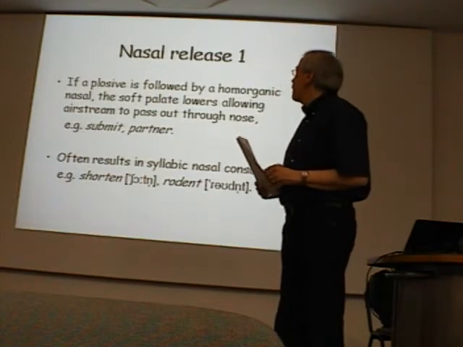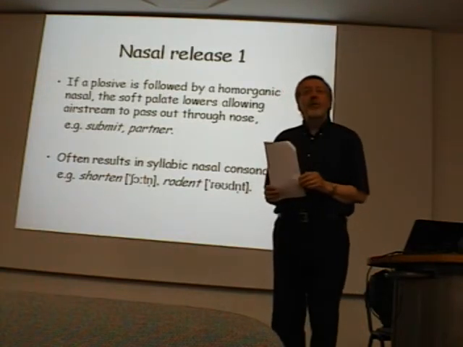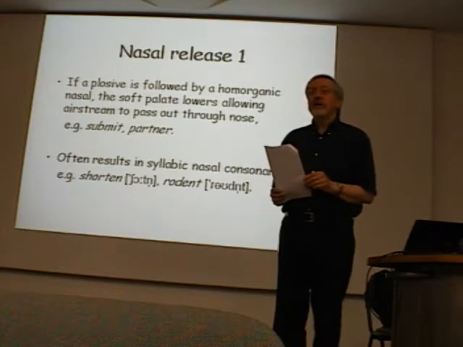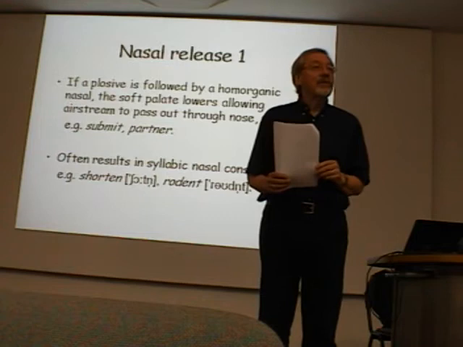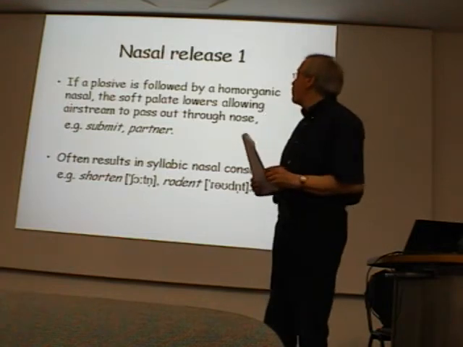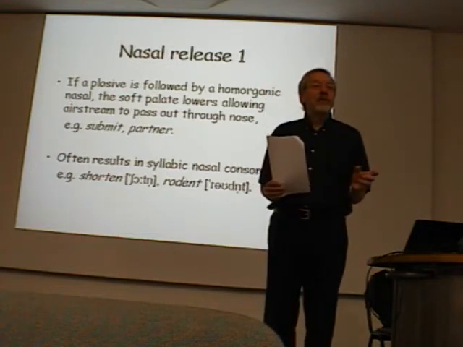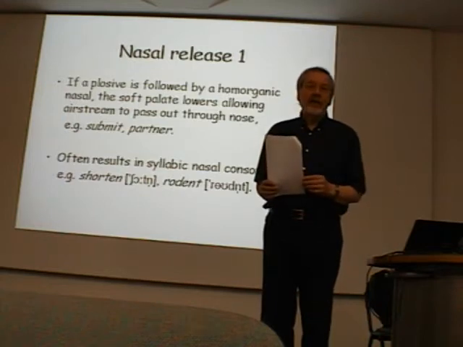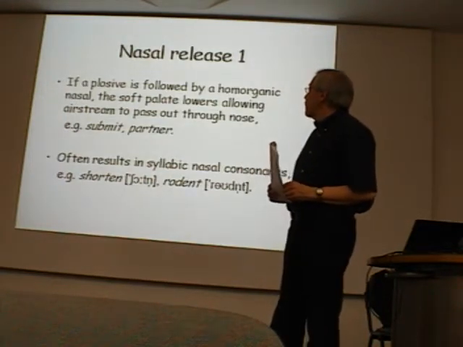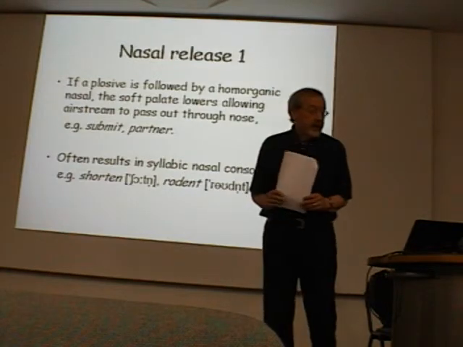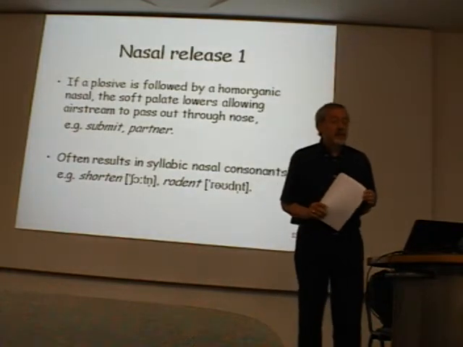If you have a plosive followed by a homorganic nasal, homorganic is a posh way of saying same place of articulation, so this will be if you have, say, an alveolar consonant followed by another alveolar consonant, the soft palate lowers, and this allows the airstream to pass out through the nose.